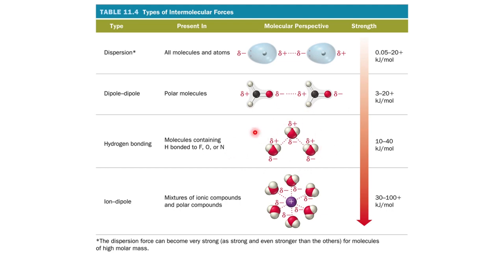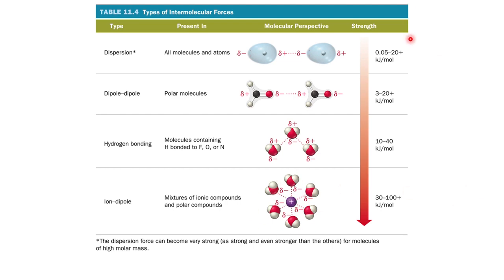So for practice, go check out ammonia. Draw the Lewis structure for ammonia, NH3, and determine if you think that one can hydrogen bond or not. And then finally, we have the ion dipole, where this is where you get mixtures of ionic and polar compounds. So you get a charge, and it gets surrounded by these polar compounds here.